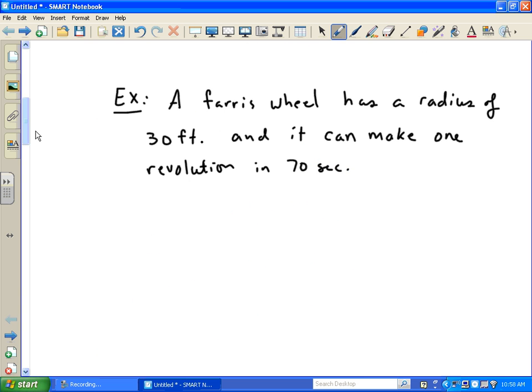Okay, my example says a Ferris wheel has a radius of 30 feet, and it can make one revolution in 70 seconds. Okay, the first thing I'd like to find is its linear speed. Now, if they don't tell you a unit that they want linear speed in, you assume it's in the units that they've given you.